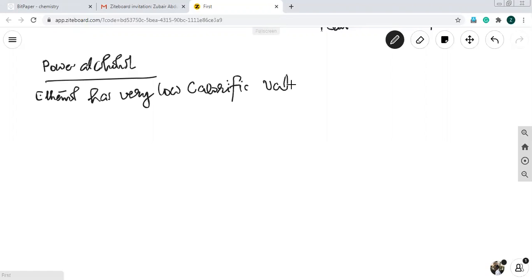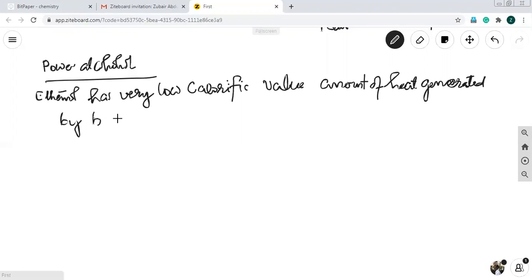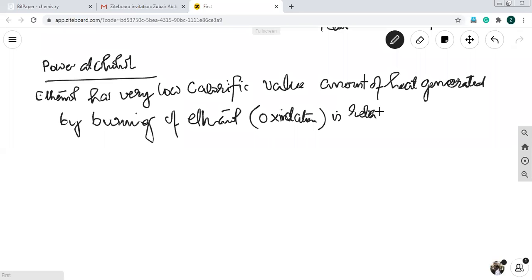Calorific value means the amount of heat generated by the oxidation of ethanol, by burning of ethanol, which is relatively lower than that of hydrocarbons or petrol.